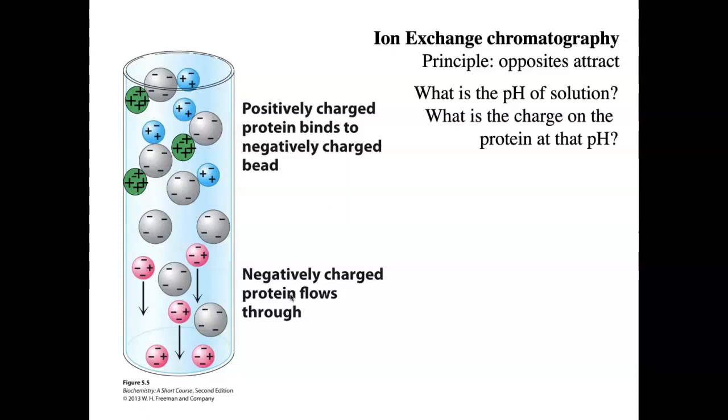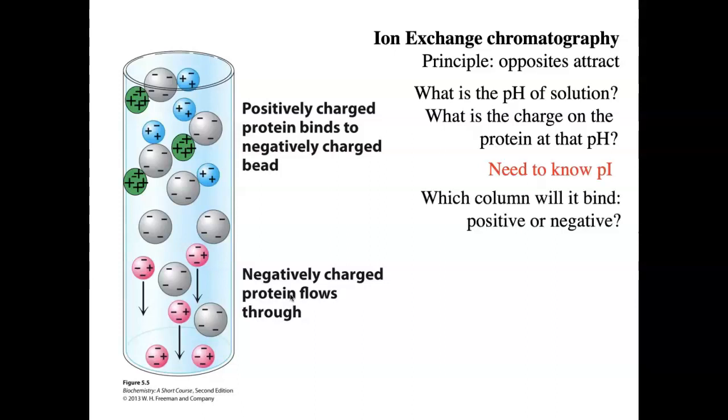What should the charge of the protein be at that pH? And I'm hoping you're thinking, oh, we need to know the pI of the protein, right? And so once you know the pI, you can start thinking, well, what column do I want to choose for doing this experiment? And there's often not an easy solution.